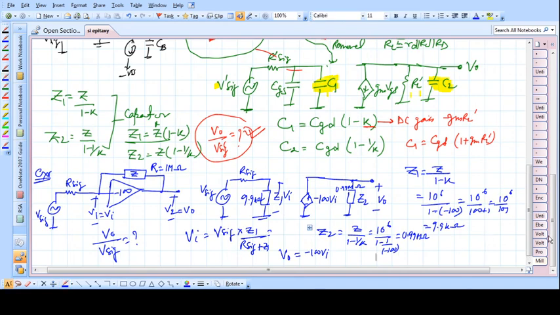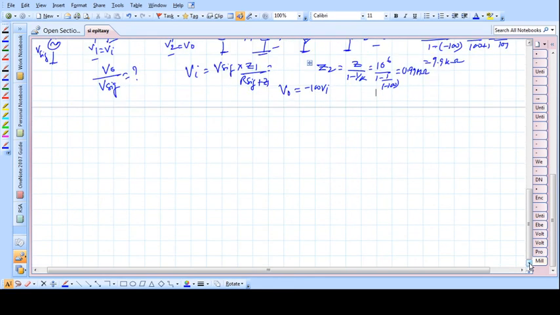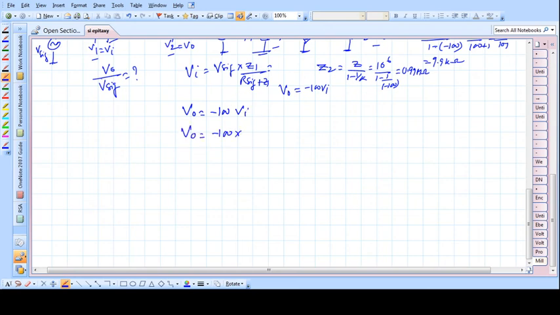Okay, I take an extra page. Now, we have V naught equals minus 100 Vi, and Vi is V signal Z1 by R signal plus Z1.